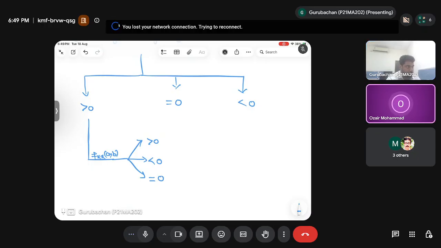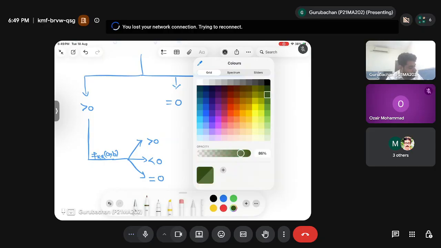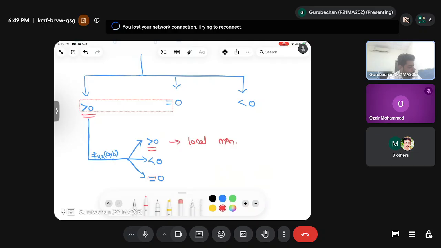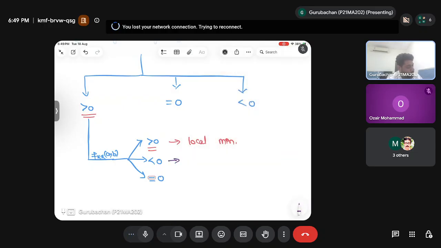If the double derivative with respect to x at (a, b) is greater than 0, then the point will be a minimum. If this is combined with the determinant greater than 0, then we say local minimum. And if this is combined with fxx less than 0, then it will be a local maximum.